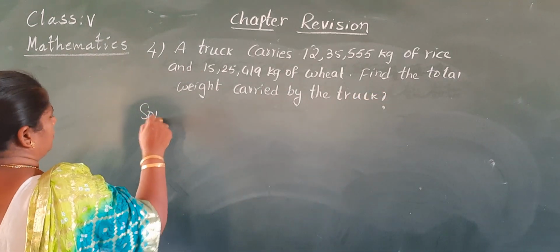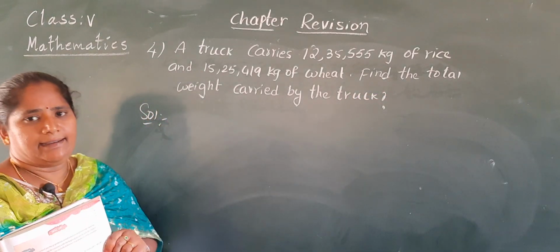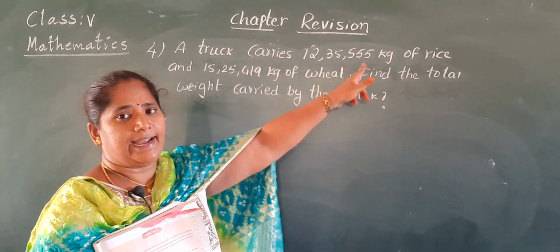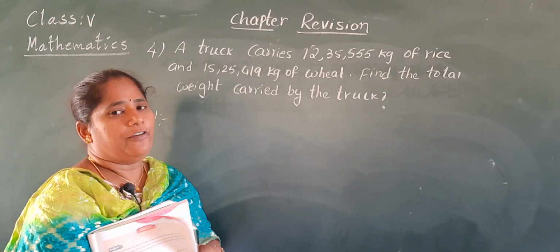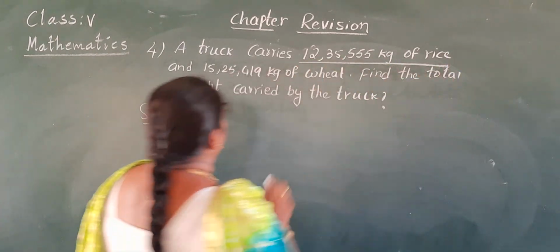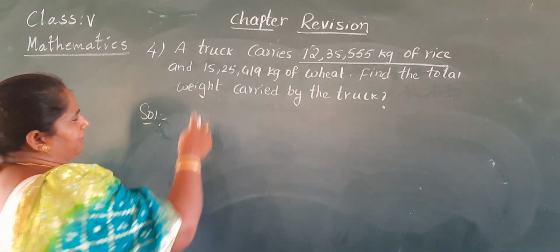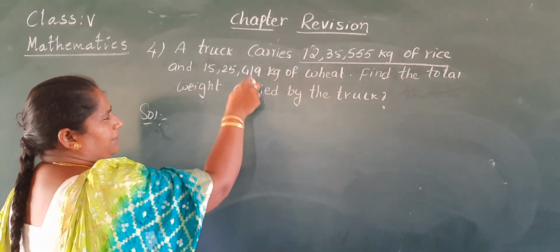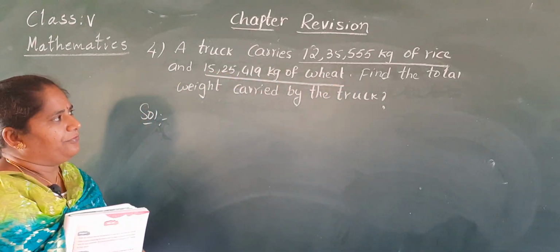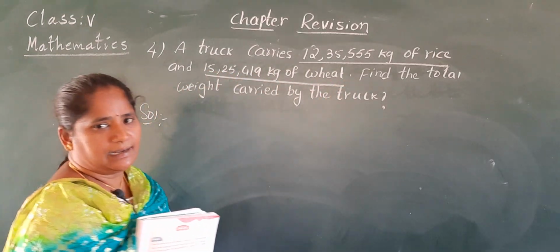So again you read the question, Nana. A truck carries 12,35,555 kg of rice. So this is the weight of rice carried by the truck, and 15,25,419 kg of wheat. So weight of wheat carried by the truck.